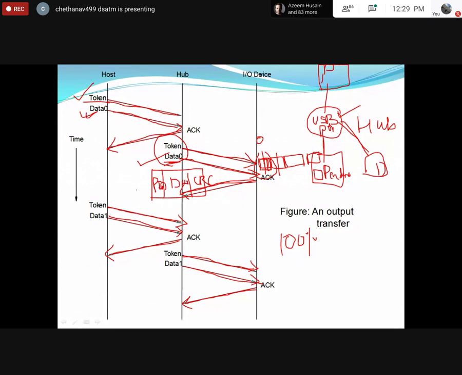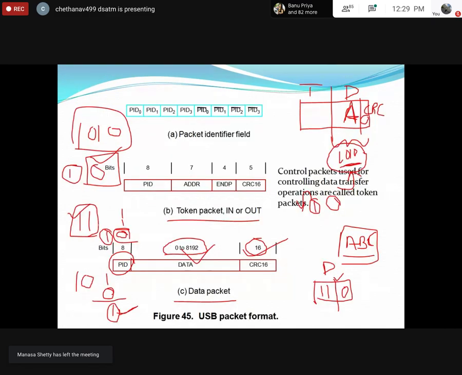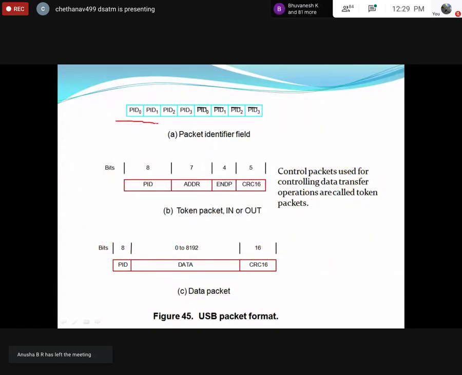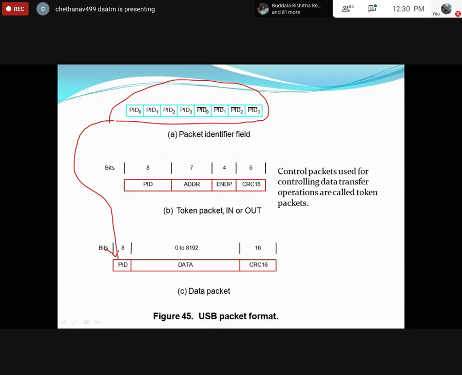Now we have come to the PID. PID means it is 8 bits. Just see how the 8 bits look. This is the PID. Your PID actually consists of only 4 bits.